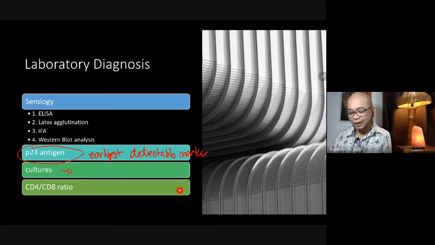Culture, is it possible? Yes, but it's not practical and it's not routine. We can culture HIV using CD4 or the T helper cells, but it's not routine. CD4/CD8 ratio, this is possible through flow cytometry.